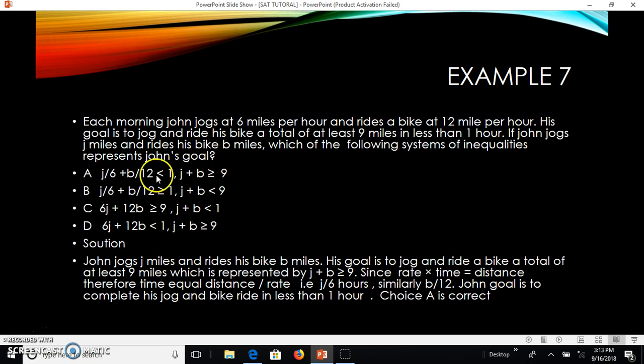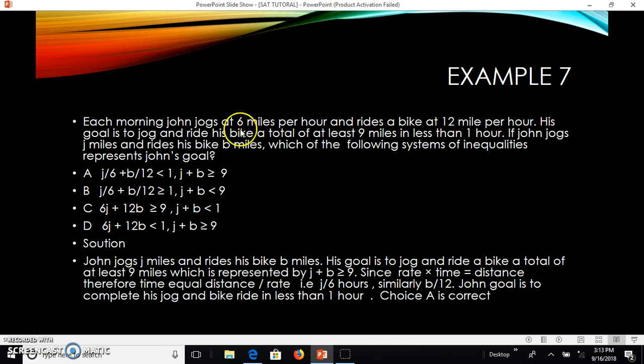So how do I eliminate one of them? Similarly, look at B over 12. What's the formula for rate? Rate times time equals distance, so time equals distance over rate. So this is the time we're now talking about. That is J over 6. J is the distance for jogging and 6 is the rate.